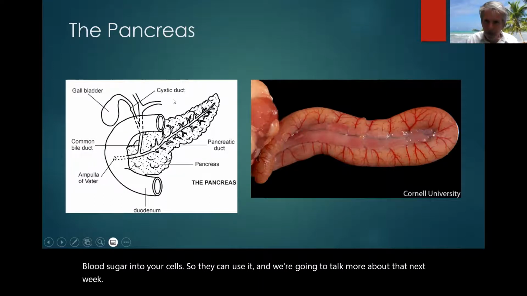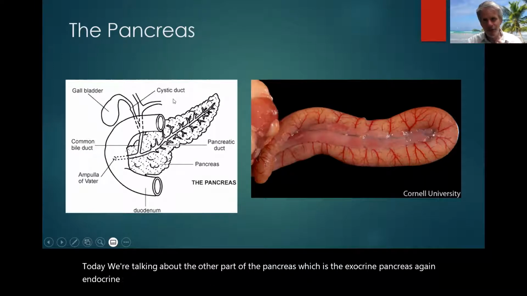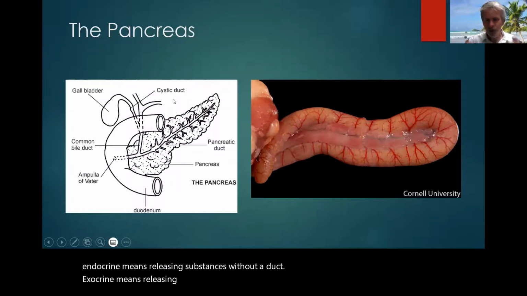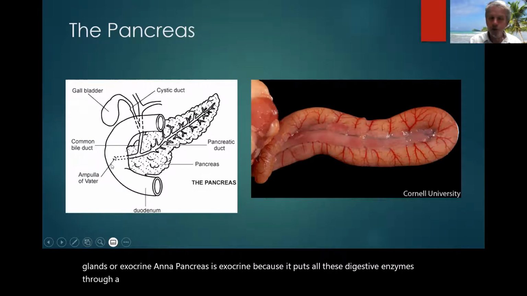Today, we're talking about the exocrine pancreas. Endocrine means releasing substances without a duct. Exocrine means releasing substances through a duct. So sweat glands are exocrine, salivary glands are exocrine, and the pancreas is exocrine because it puts digestive enzymes through a duct into your small intestine so you can digest whatever you ate.